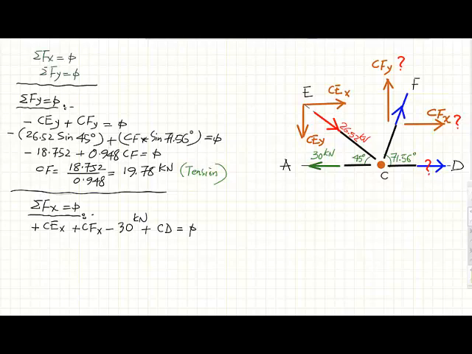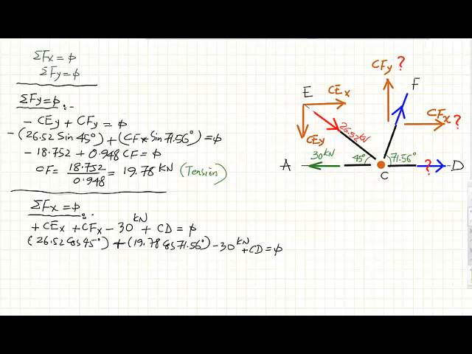So now CEX is CE, 26.52 cosine 45 degrees, plus CF, which we calculated to be 19.78, cosine 71.56 degrees, minus 30 kilonewton, plus CD is equal to 0.